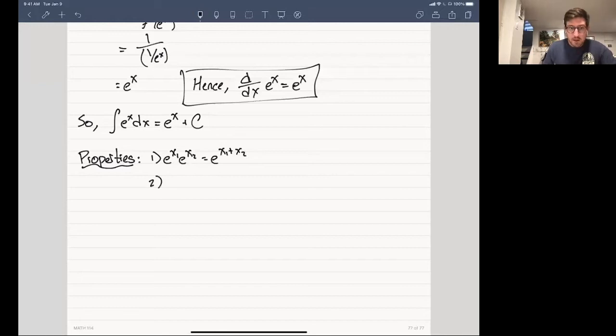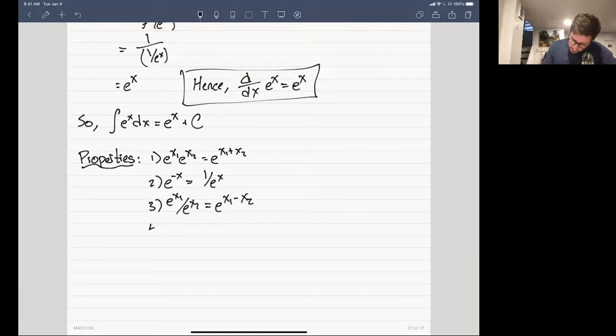So similarly, that tells us that e to the minus x is equal to 1 over e to the x. And if I take two exponentials and I divide them, sorry, that should be x2, not x3. Then I get e to the x1 minus x2 here.